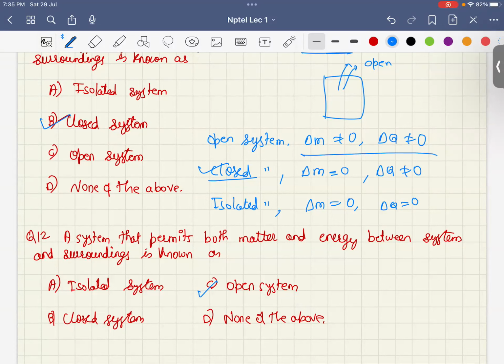You see that both mass transfer and heat transfer are allowed, and that is what is asked here.